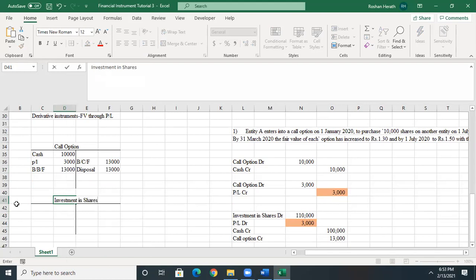So here the asset is recognized at 110,000 cash. Cash plus the call option, isn't it?